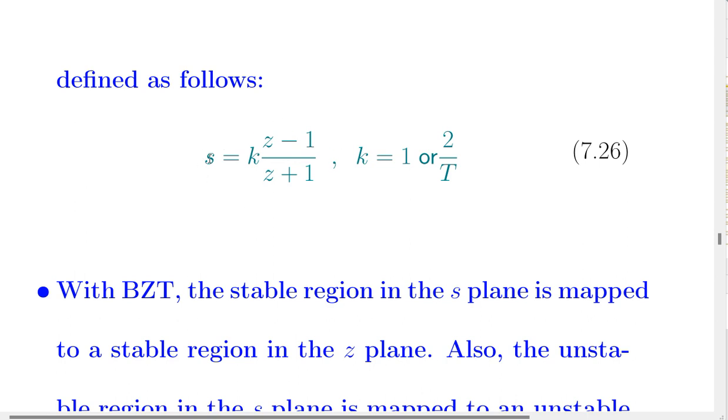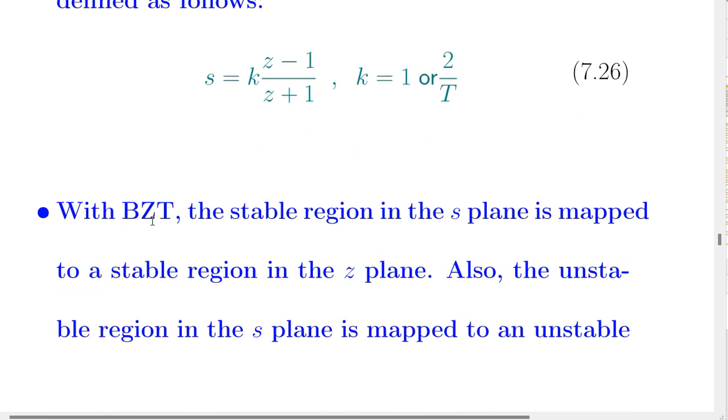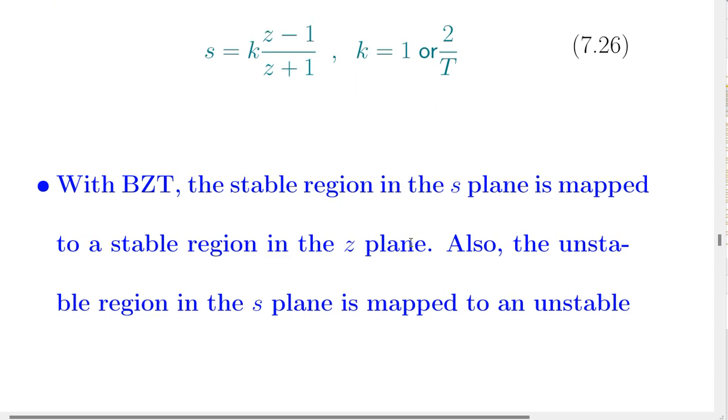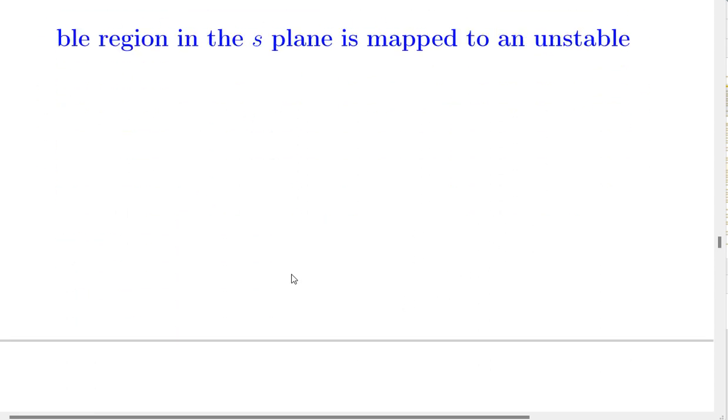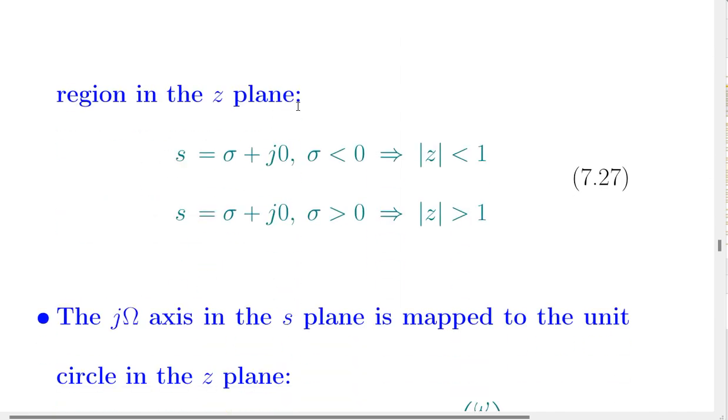That's the best method. With BZT, the stable region in the S-plane is mapped to a stable region in the Z-plane. Also, the unstable region in the S-plane is mapped to an unstable region in the Z-plane. Here you see an example.